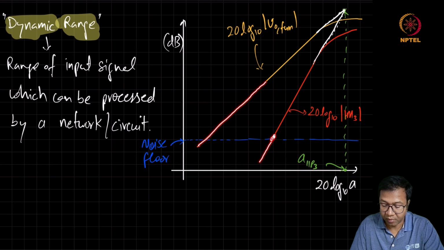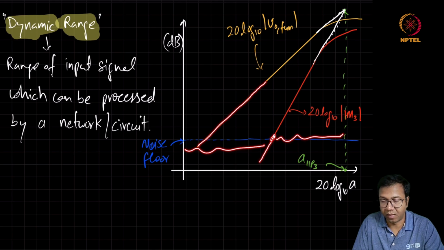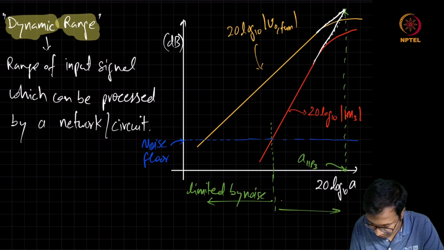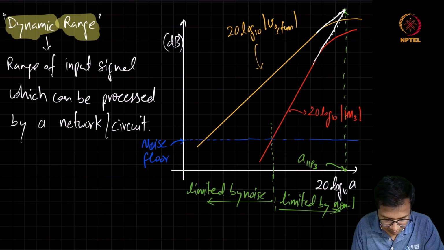So in such a scenario, we can say that in this region, we are limited by the nonlinearity of the system, whereas for lower value of input signal, we are limited by the noise of the circuit. This side limited by noise. This side limited by nonlinearity.